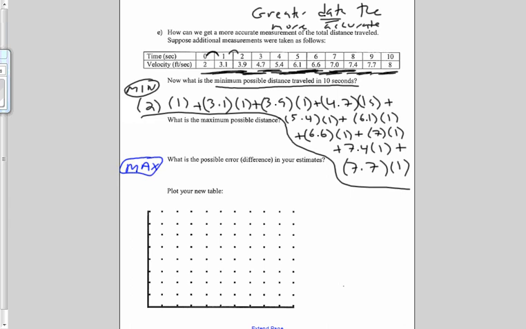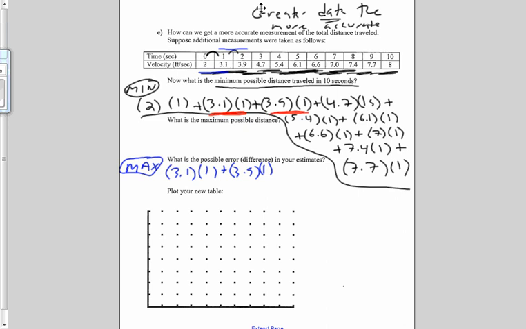let's go through it. So from 0 to 1 second, we're going 3.1 for 1 second. Notice that showed up there. And then from 1 to 2 seconds, I'm going 3.9 for 1 second. And notice that was here.